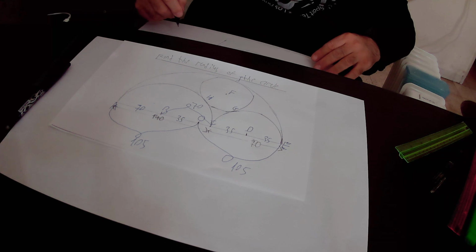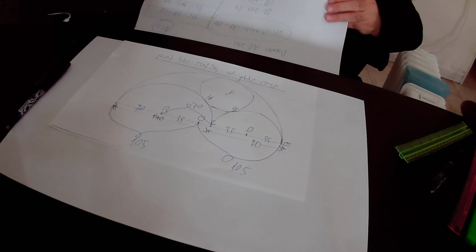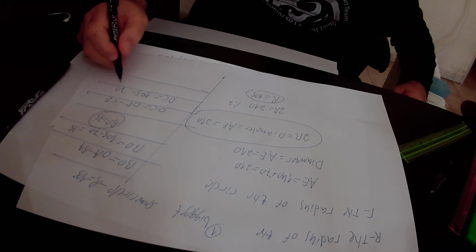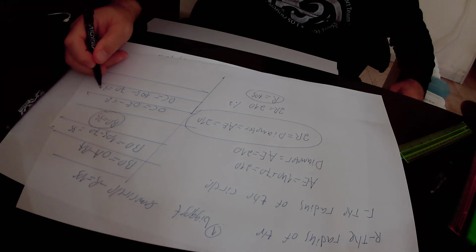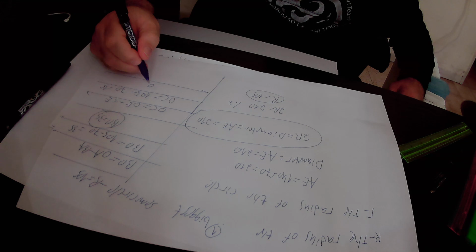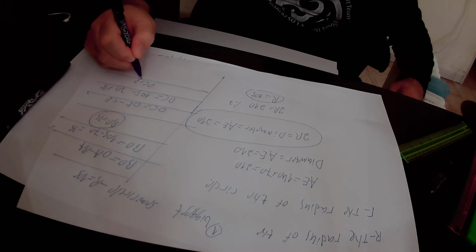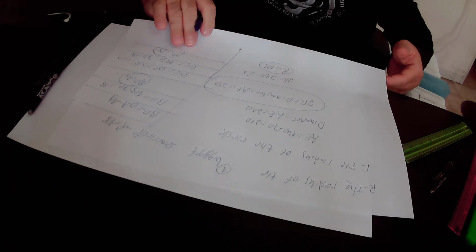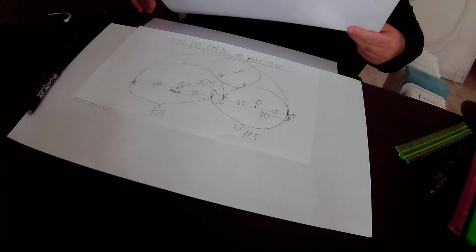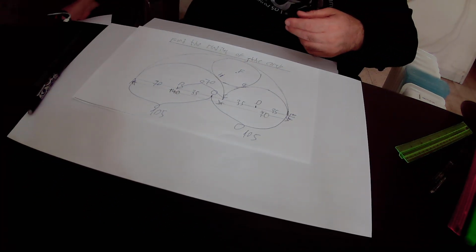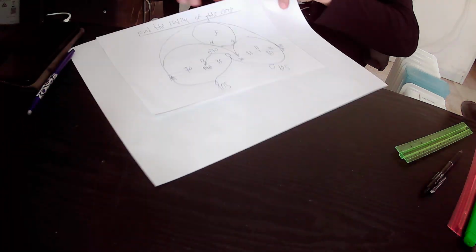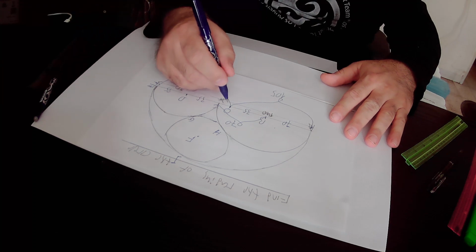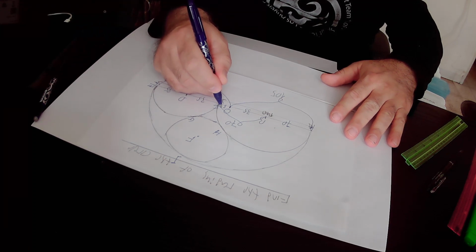In conclusion, the length of line segment OC is 105 minus 70, that is 35 units. So we write down in the drawing that OC equals 35 units in length.